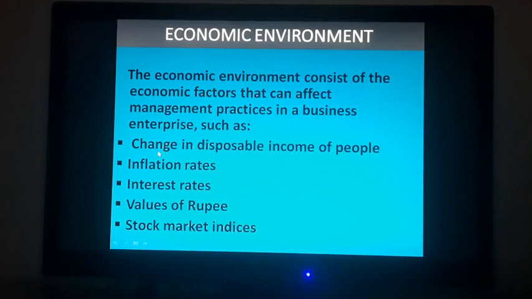For example, if there is a change in the disposable income of the people, it will affect the demand for the product. If there is enough cash with the people, they will purchase more, and hence the demand for that product will be more. So the change in disposable income of the people will affect the business.